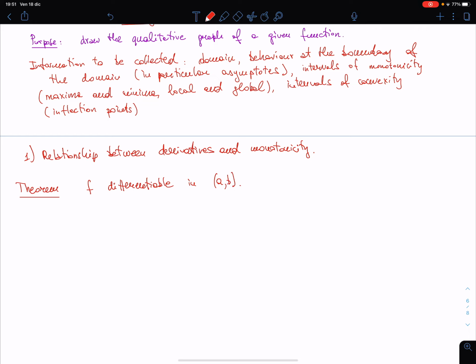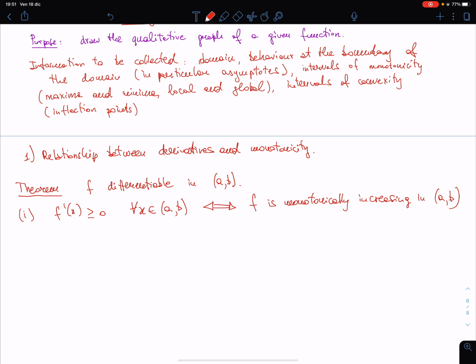Then first, if the derivative of f in the interval AB is non-negative, then f is monotonically increasing in AB.